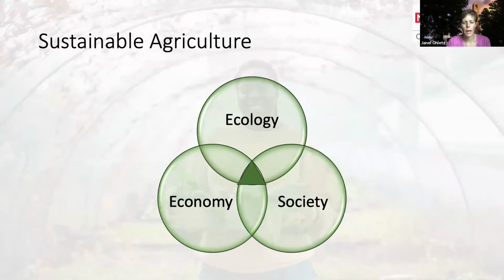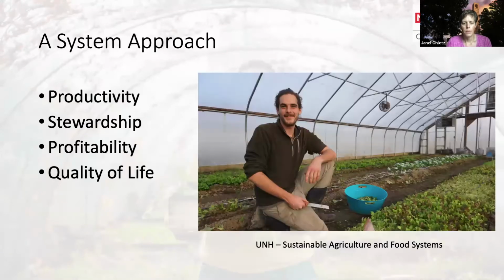When you practice sustainable agriculture, you have to take into account the societal, the economic, and the environmental impacts of your practices to really bring about sustainability. And so some of these approaches, really when you're looking at it, you're thinking about the productivity of your operation and the soil and ability to have a high yield, because that's important.